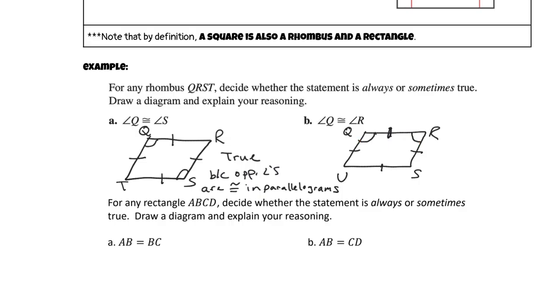And that's when these are both going to be right angles. Right? For these two to be the same, they both have to be 90. So we can say sometimes, when the rhombus is also a square.